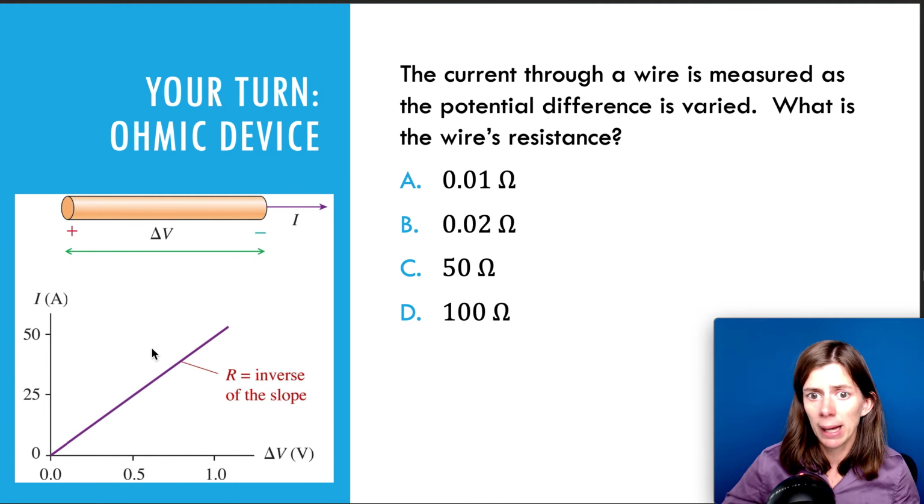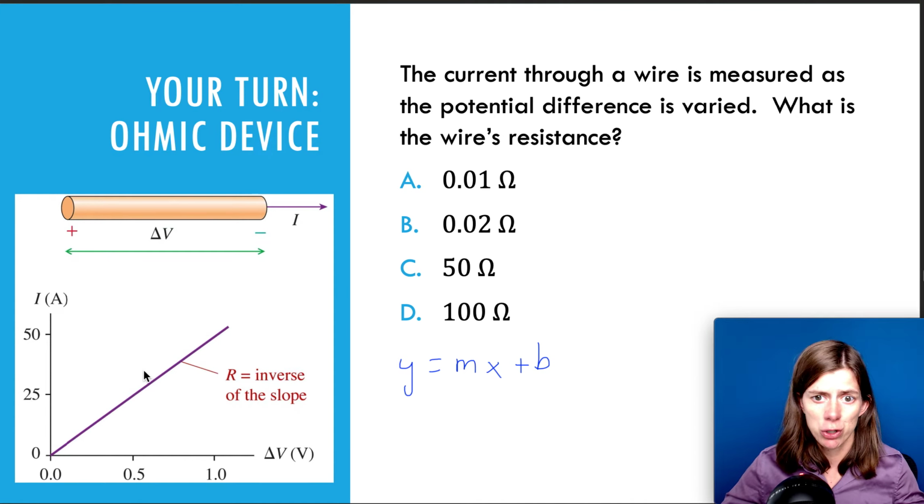So how do we do that? Well, we use the fact that we do have a linear relationship between the current and the voltage. y = mx + b is the equation for a straight line.